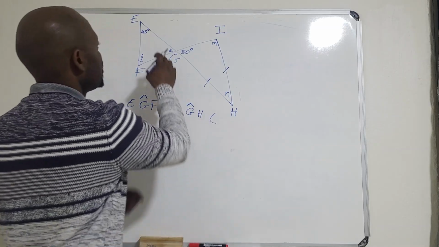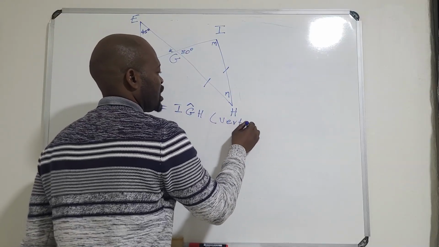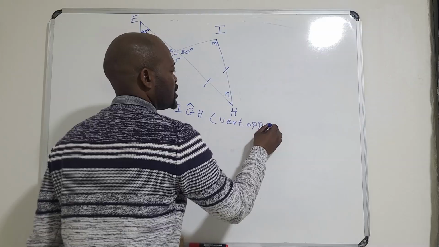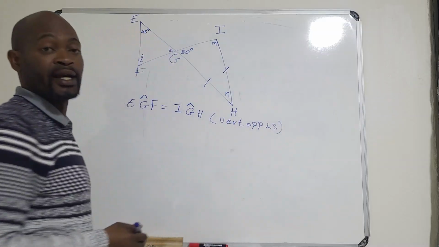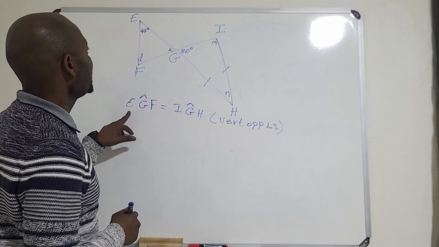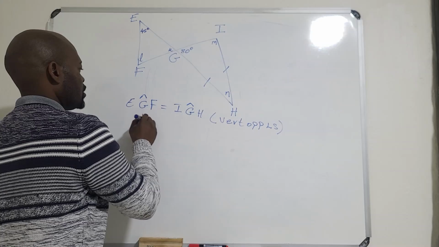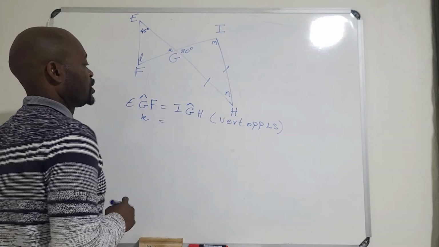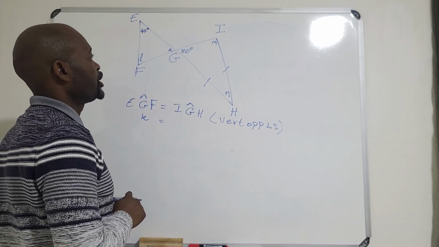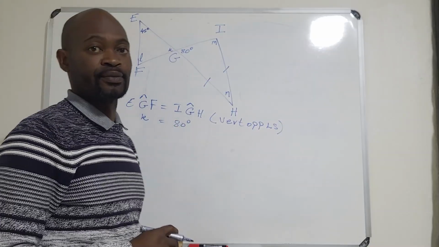Reason, we know that this angle is equal to that angle, which means vertically opposite angles in an X shape. Now, angle EGF is K, which is equal to angle IGH, which is equal to 80 degrees.